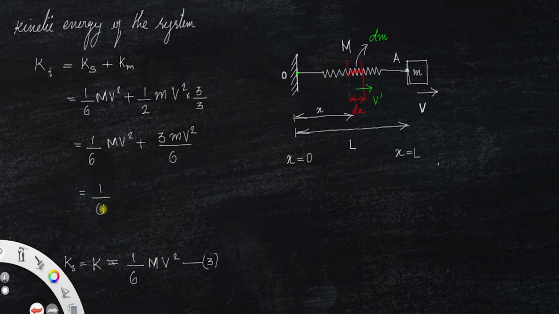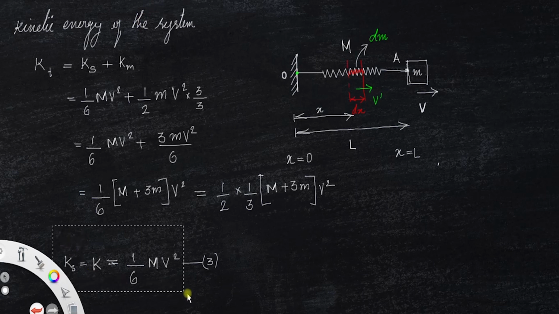So 1 by 6 into m plus 3m into v square. Now this can be written as 1 by 2 into 1 by 3 times m plus 3m times v square.